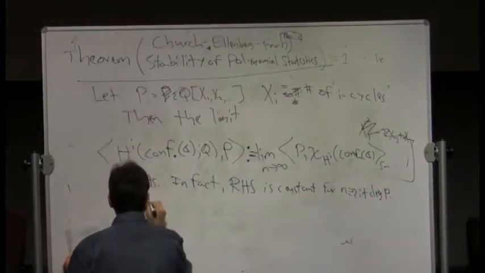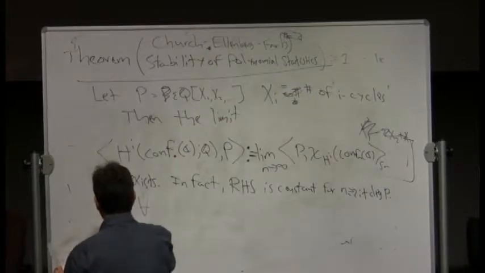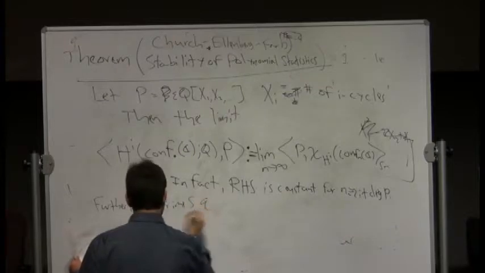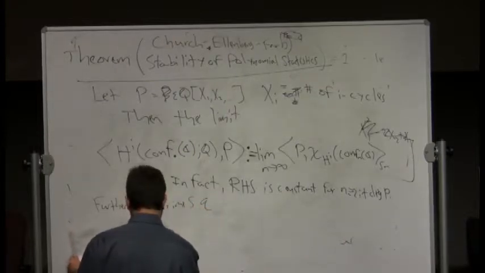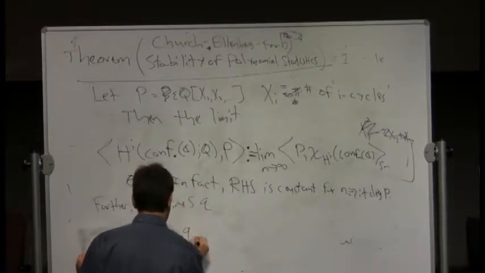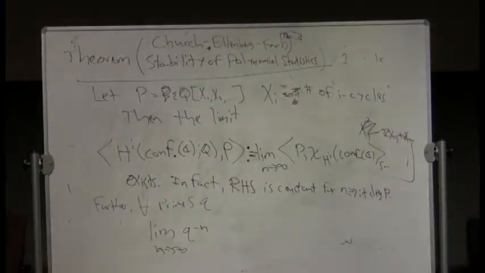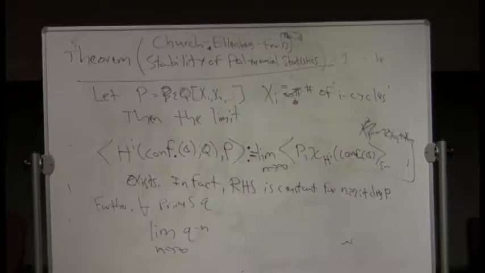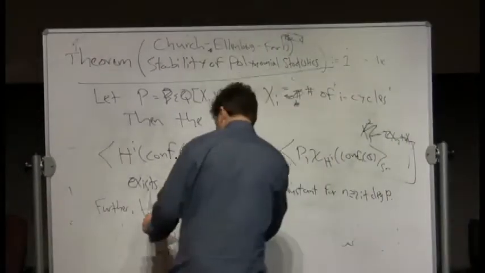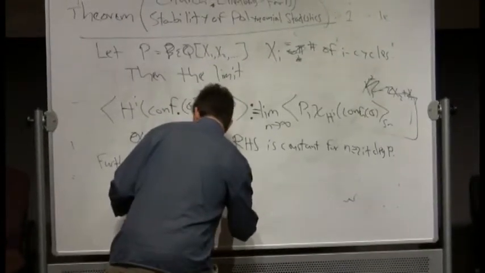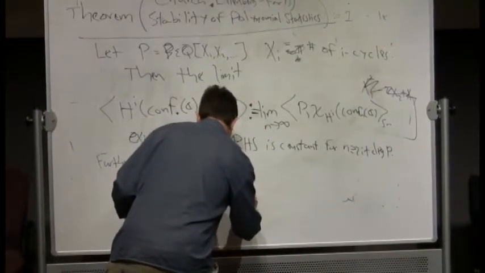Further, for all primes q, the following limit actually exists. We have in our paper all these examples, so you should think about this over here as an example. As the degree goes to infinity, this converges to a power series. The limit as n approaches infinity, you're adding up the total number of things.